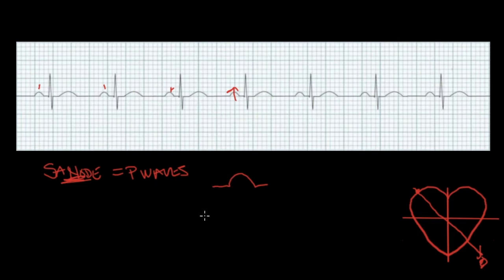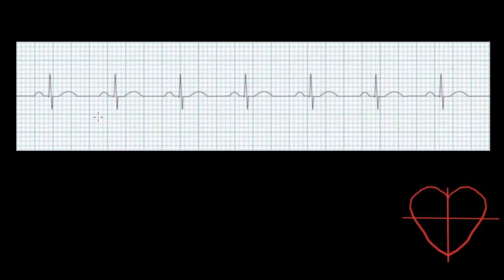Now, I may have something of a different shape, like an M shape, could be upside down, maybe pointy, or it could be a combination of all of these. And that could tell me that I have conduction coming from different places in the atria than just the SA node. So I may see this in something like AFib or multifocal atrial tachycardia.